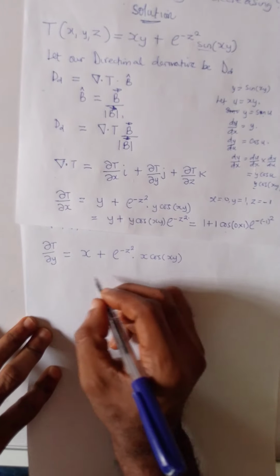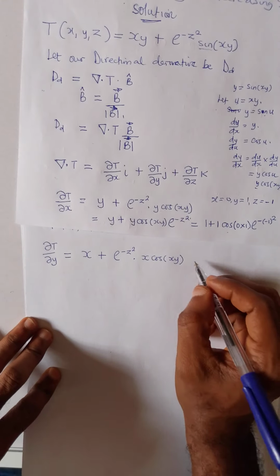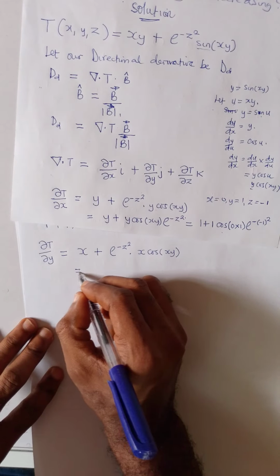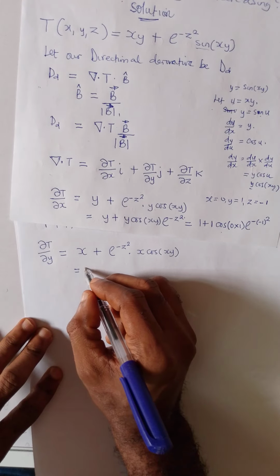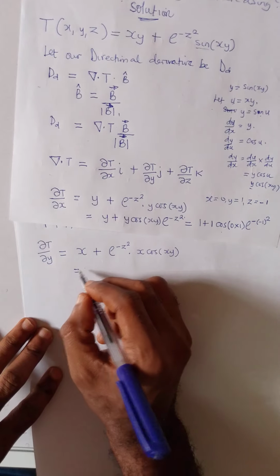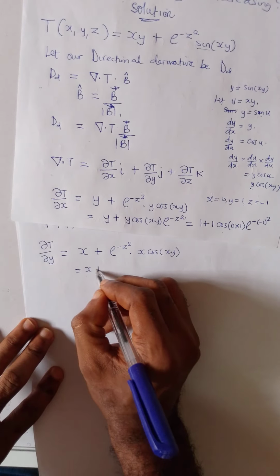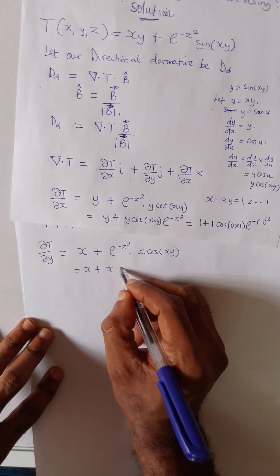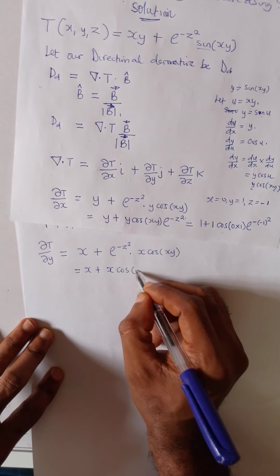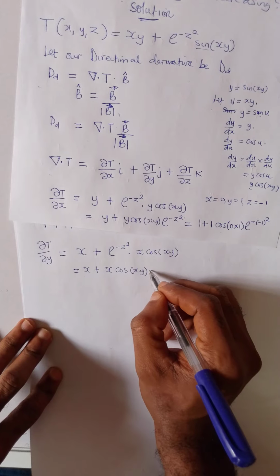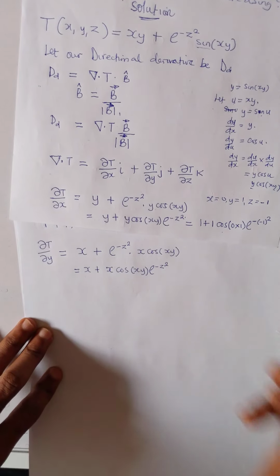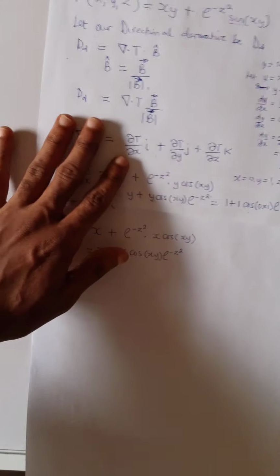So this will be equal to, if we multiply this by this, x plus x cos xy exponent minus z square. Okay, that's what we have there.